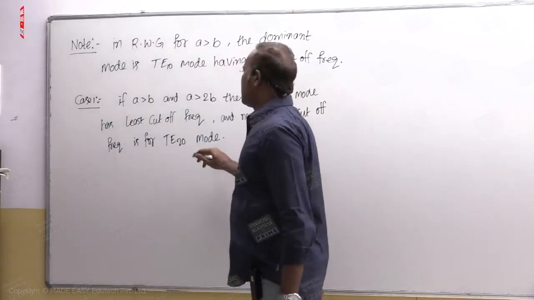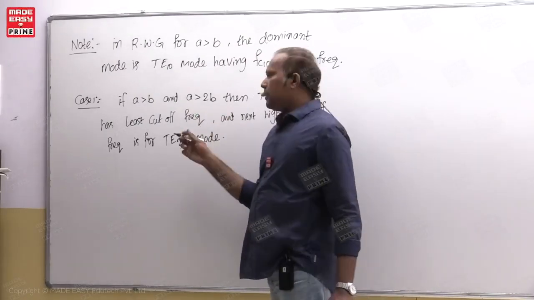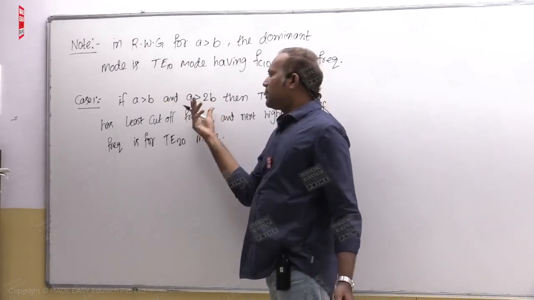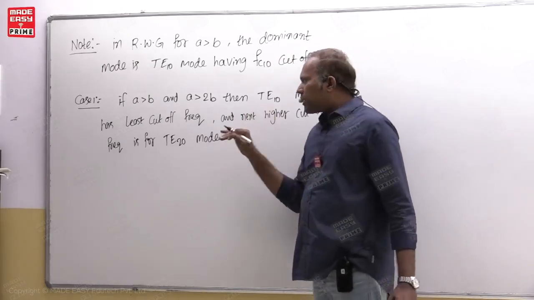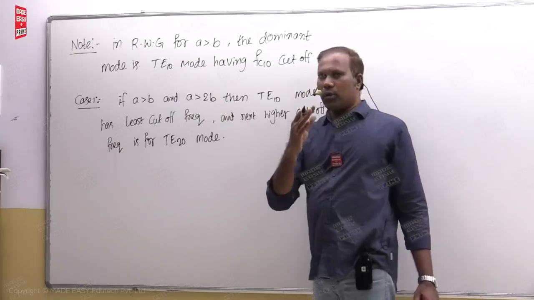You will ask me questions, or what is going on? A greater than 2B, A greater than B, what is the meaning of this? Don't worry. I will explain this while solving one workbook question.